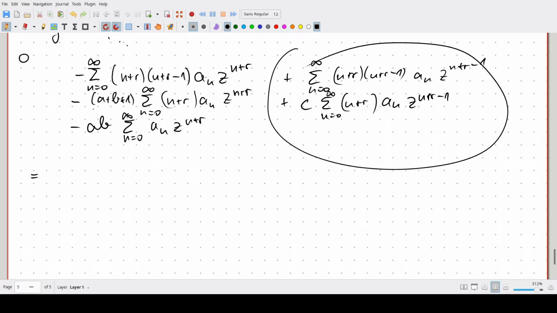And we can also put the first ones already together. n plus r, n plus r minus 1, minus n plus r times a plus b plus 1, minus ab.